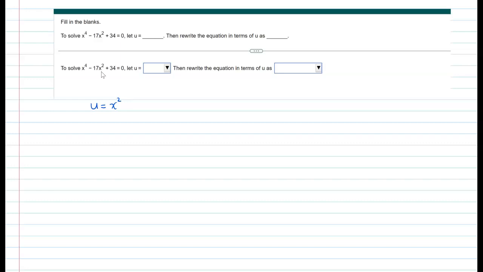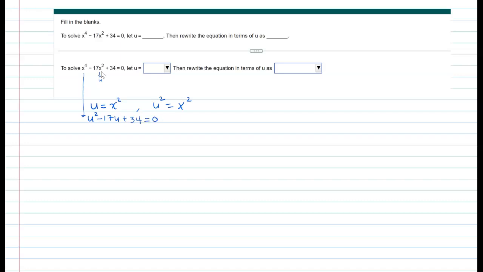If you do that, we know that x to the 4th, which means you square x squared, is just equal to u squared. So this x to the 4th here will just be u squared, then minus 17 times x squared, which is just u, and then plus 34 equal to 0.